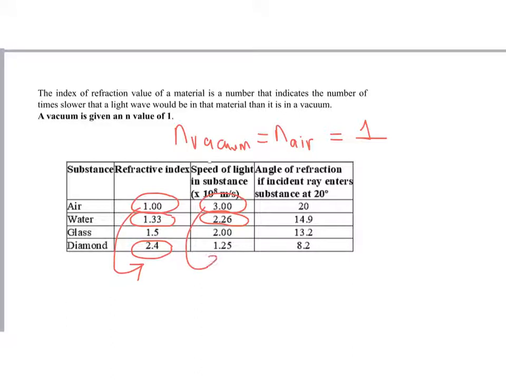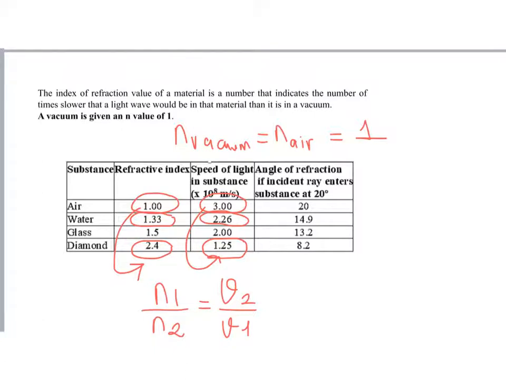So the speed of light is smaller in diamond. So don't forget this ratio. The ratio of refractive indexes is inversely proportional to the ratio of velocity of light in that medium.